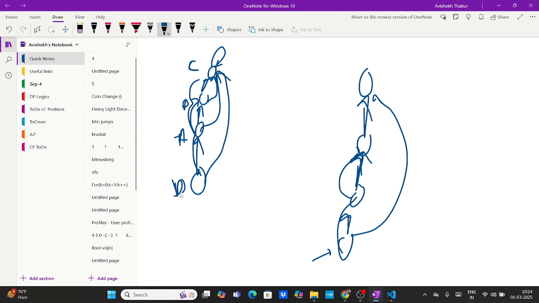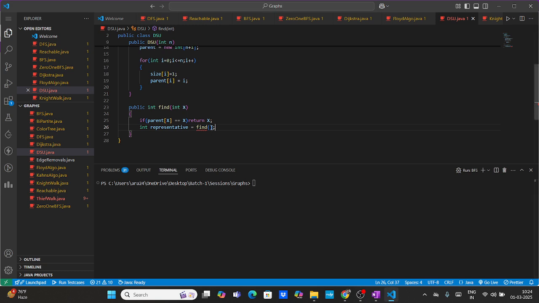Say I am at D and finding for this. To whom should I call? The root. The initial structure is like this, so we should call A in that case. So A is the parent of x.